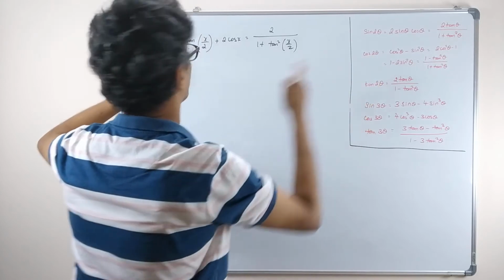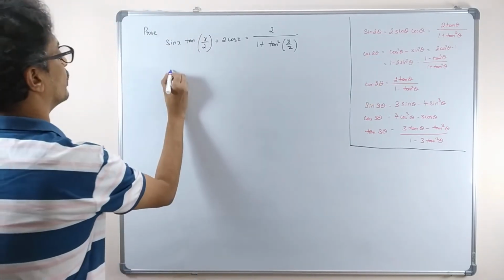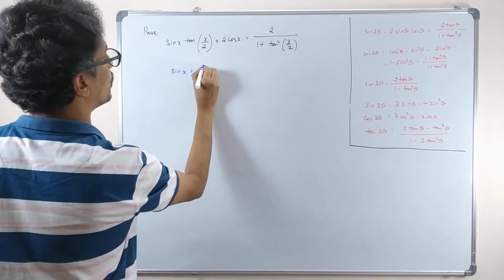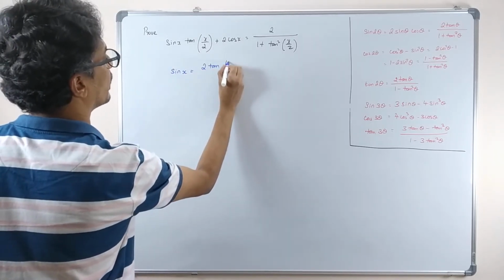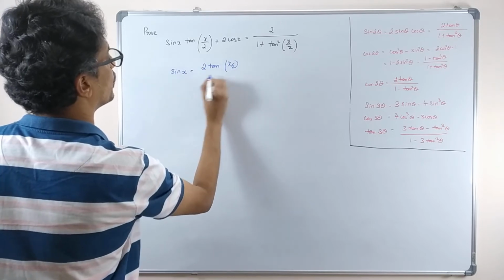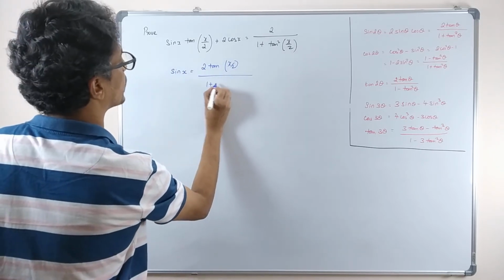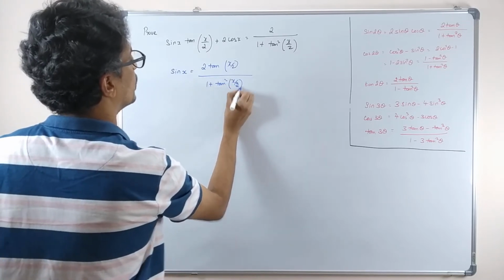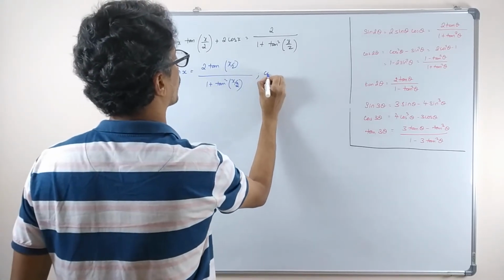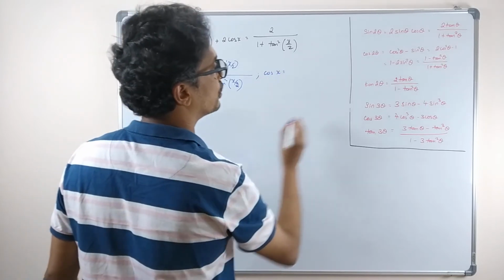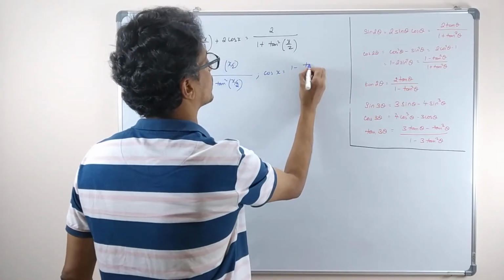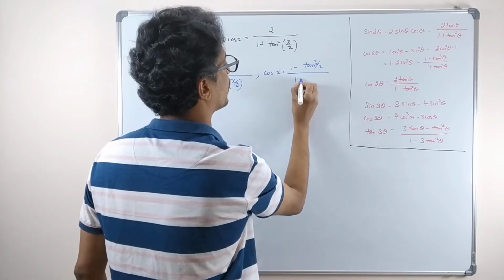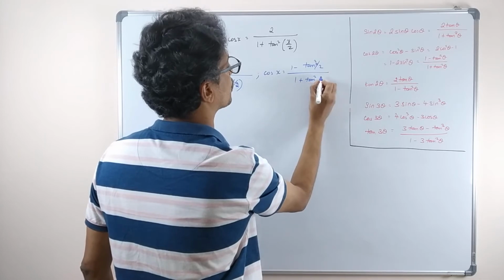So sin x will be equal to 2 tan x by 2 divided by 1 plus tan square x by 2, and we have cos also, correct? Cos x will be equal to 1 minus tan square x by 2 divided by 1 plus tan square x by 2.